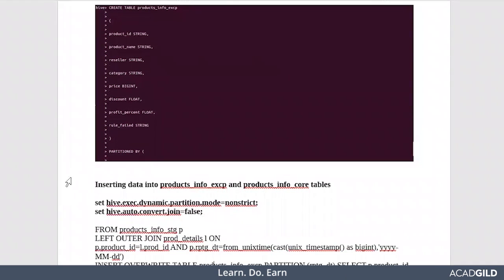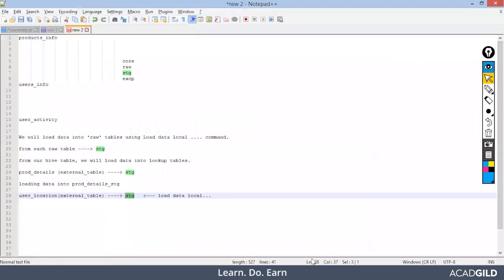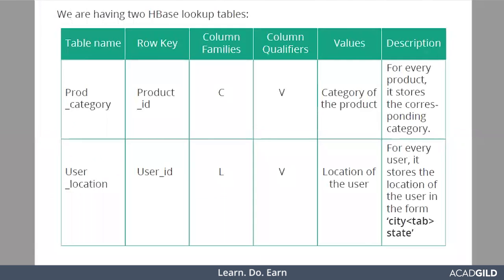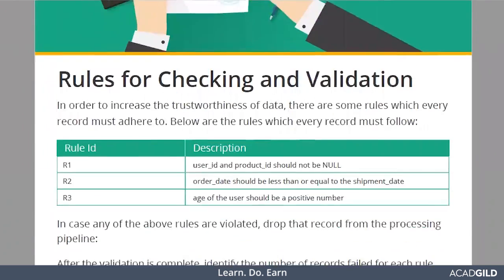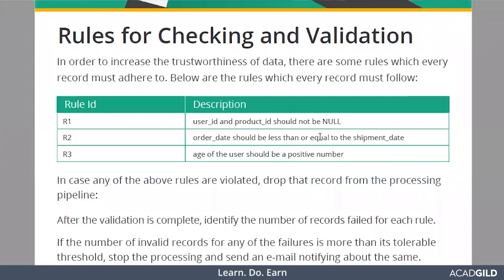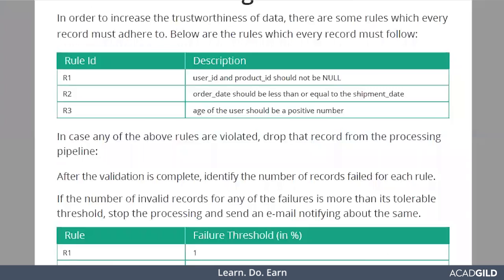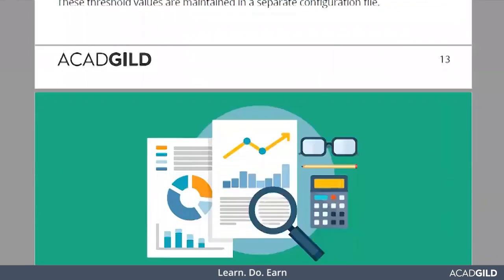Now see, there were two different more tables. So you understood the concept of raw, you understood the concept of stage. Now why exactly core tables and exception tables are there? So there are certain rules that we need to check, right? So this should not be null, that should not be null, the values cannot be negative, and so on.